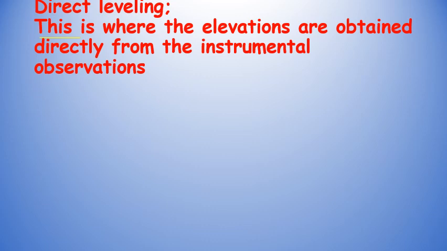The results that we shall get from the instruments are going to be conclusive for this case. And like I said, the direct leveling methods are further broken down into two: the simple method of leveling, and the differential leveling. We are going to talk about these independently, and then see when we use each.